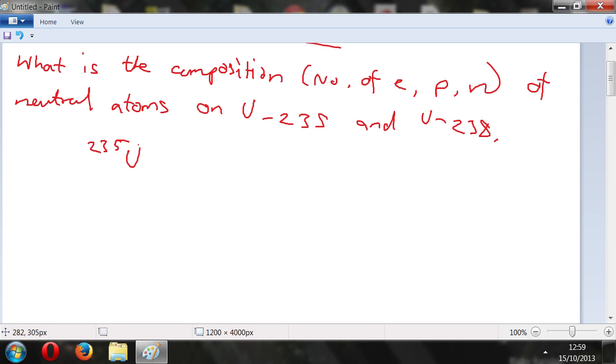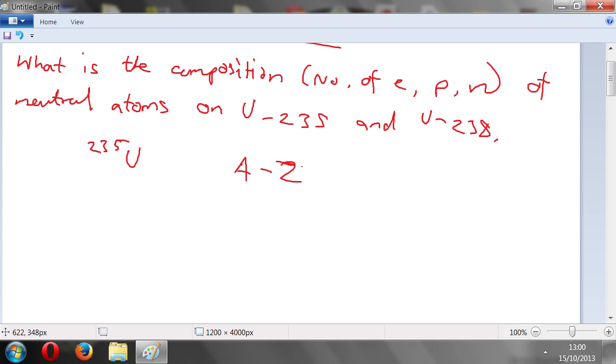To find the neutrons, we do A minus Z, where Z is the atomic number, which is the number of protons in the nucleus, and also the number of electrons in a neutral atom. We already know both of these figures, so it's not going to be much of a problem. We already know that this number is 92.